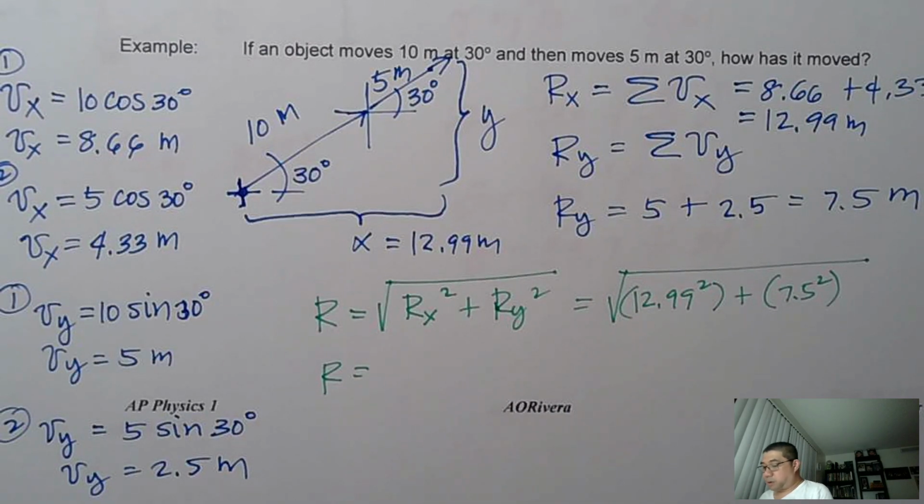Square root of, open parentheses, 12.99 squared, close parentheses, plus open parentheses 7.5 squared, close parentheses, and press equal sign.